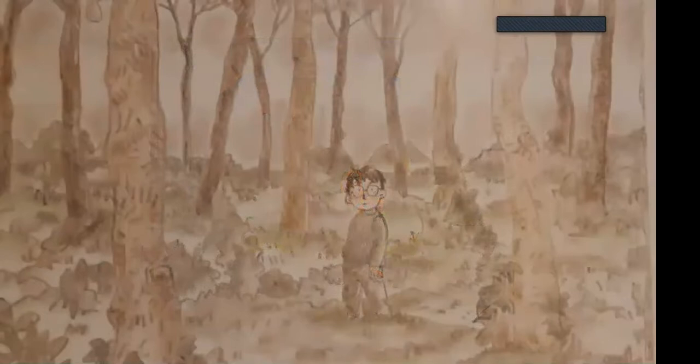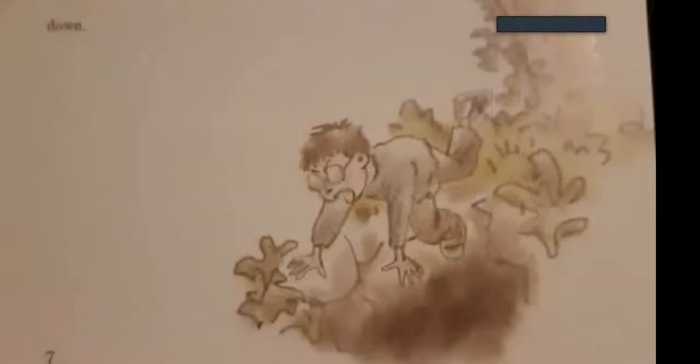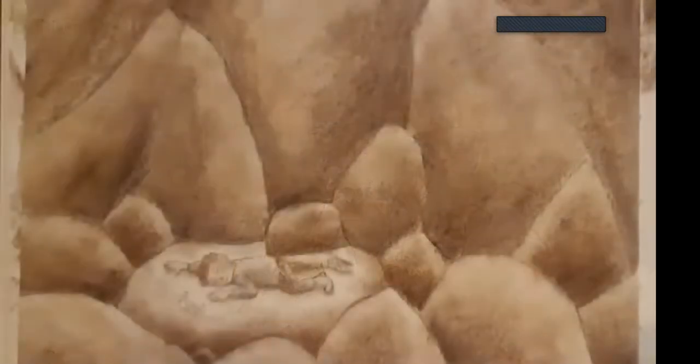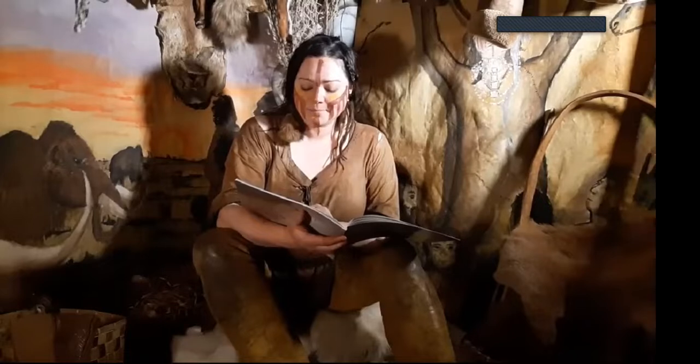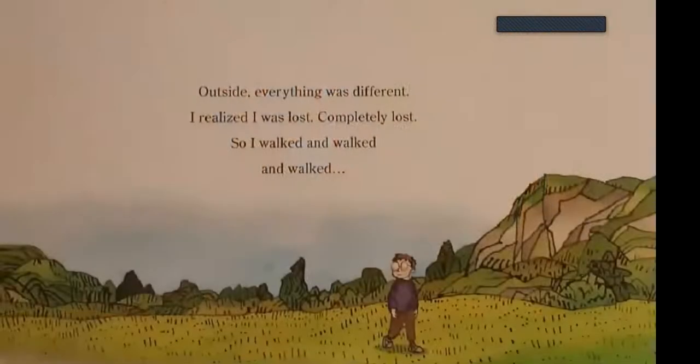An amazing thing once happened to me. I was wandering in the woods when I tripped and found myself falling down. When I woke up, I was in a cold, dark place. I could see daylight in the distance, and I stumbled towards it. Outside, everything was different.